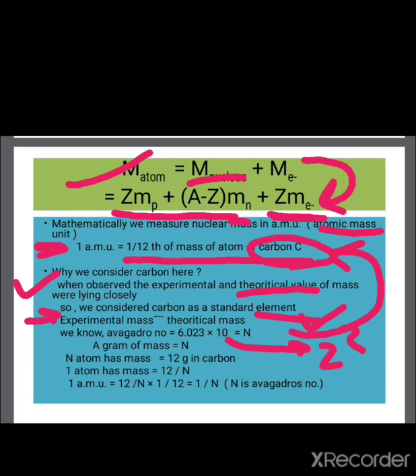So if we want it in 1 AMU, then I just divided that factor of 12 by N by 12, because we want it in 1 AMU. So overall, after cancelling, it became 1 by N.